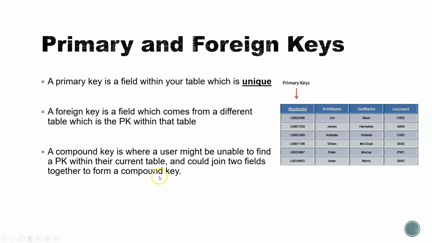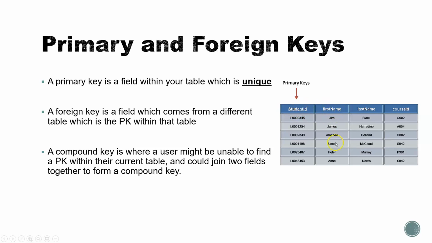Sometimes you may have a situation whereby you look through your database and you can't find a key that would be sufficiently unique all the time. So you might decide to join 2 fields together. You might decide to join, for example, student ID and first name here.